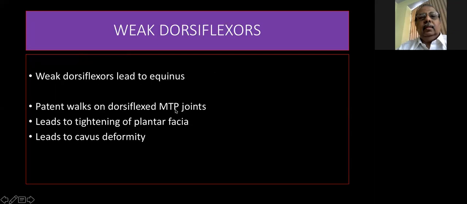Second, suppose there is weak dorsiflexion. The foot goes into equinus. The patient walks with a dorsiflexed MTP joint, so there is a toe-walking pattern of gait. So what is happening? The toes go into hyperextension. The plantar fascia is attached there.